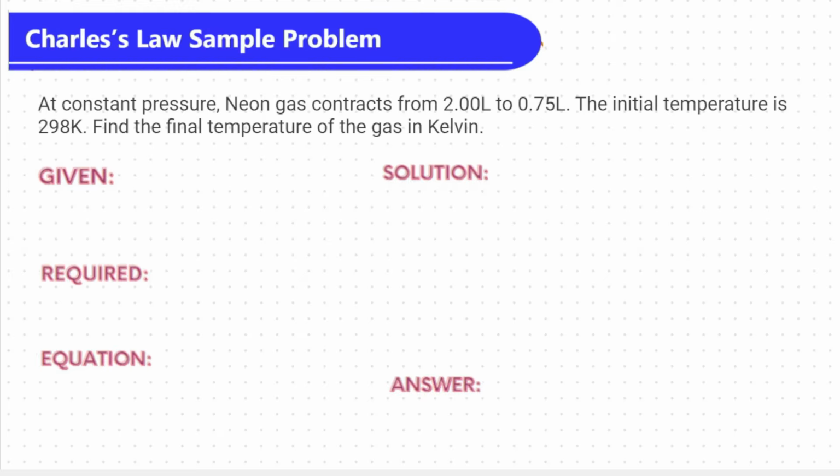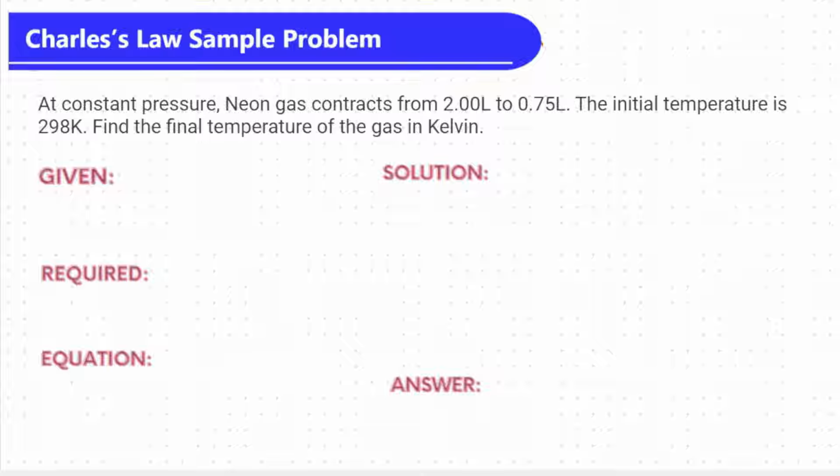So, ano ba yung units na yon? Temperature must always be in Kelvin. So, if your temperature is expressed in degrees Celsius, you have to convert first. In our case here, our problem reads, at constant pressure, neon gas contracts from 2.00 liters to 0.75 liters.